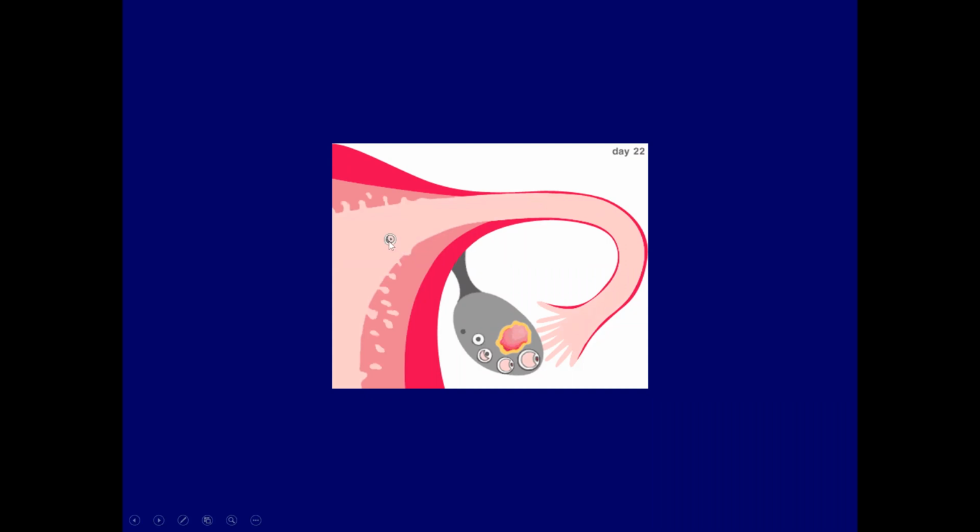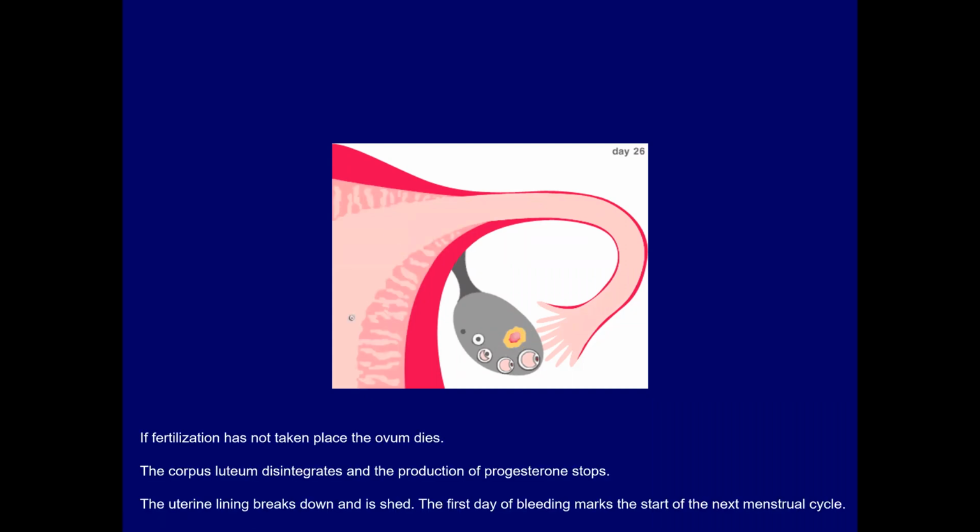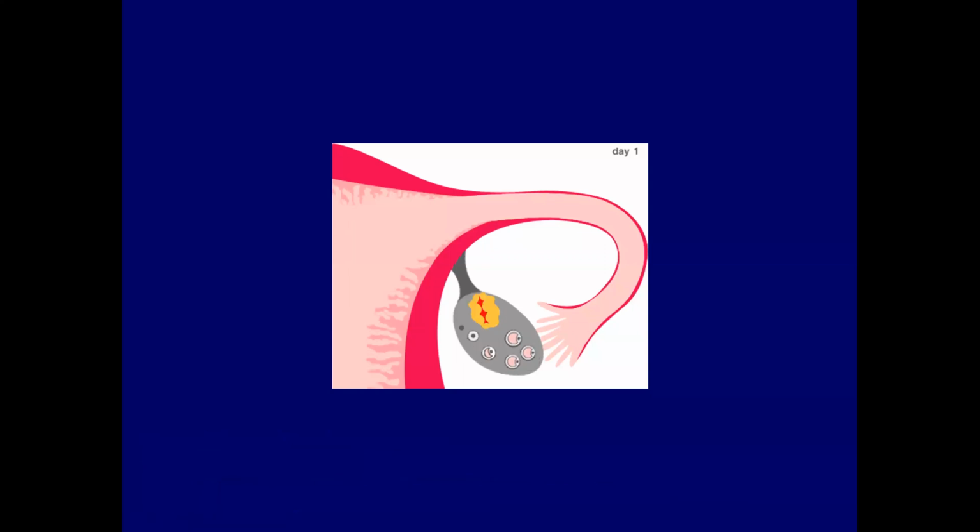If the implantation occurs, so that's the fertilized ovum, blastocyst, implantation occurs, it will continue as a pregnancy. If there's no implantation or no fertilization, the corpus luteum will die, and then this lining will be thin and shed as blood, and you'll get the first day of the menstrual cycle.